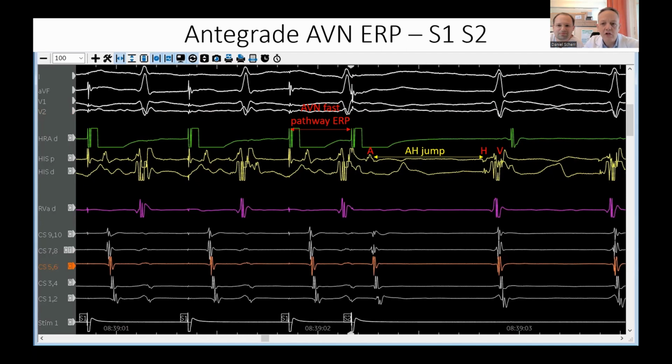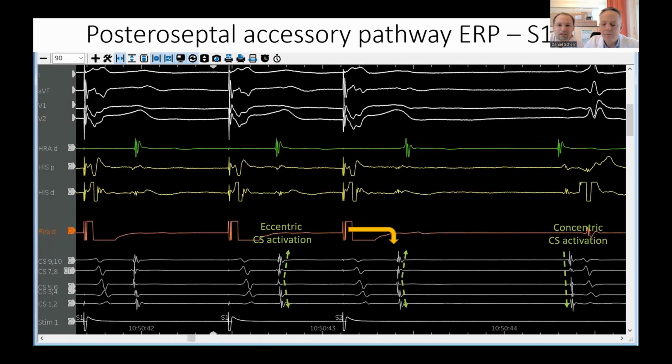In electrophysiology, we call that fast and slow pathways, which can be part of the antegrade and retrograde limbs of AVNRT.